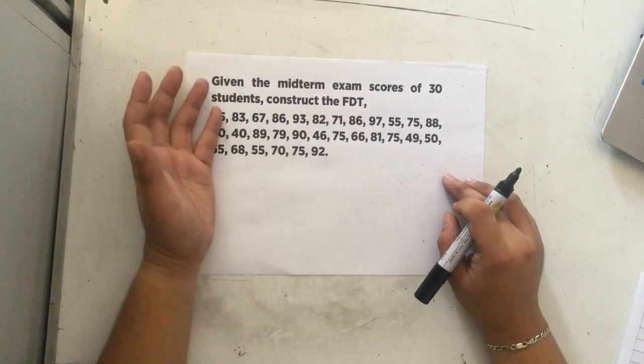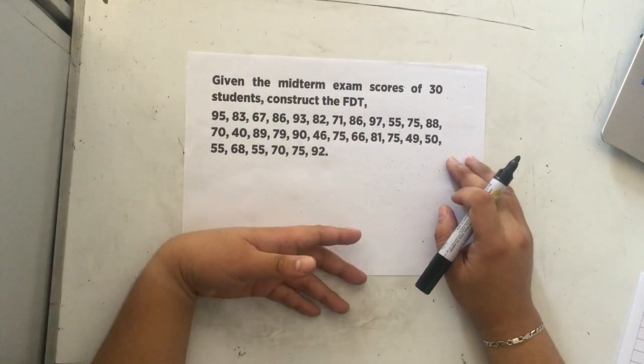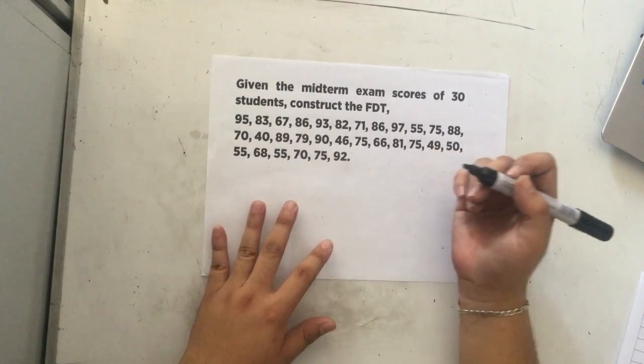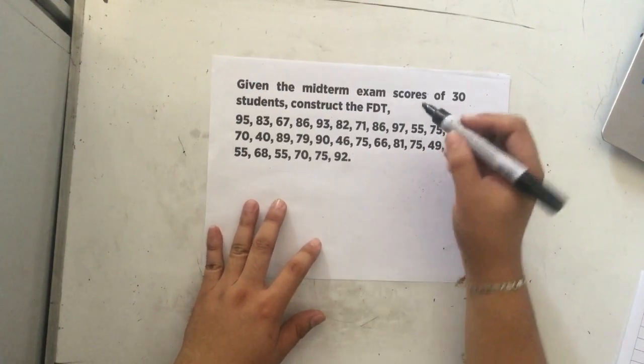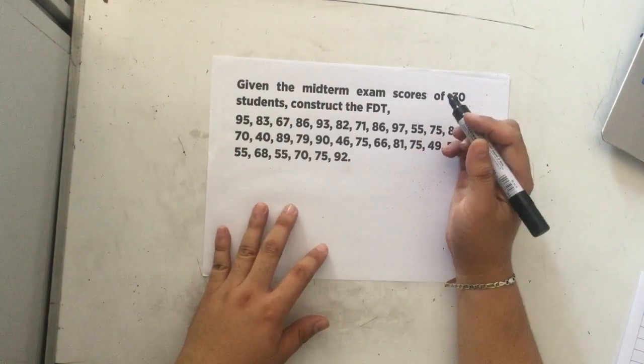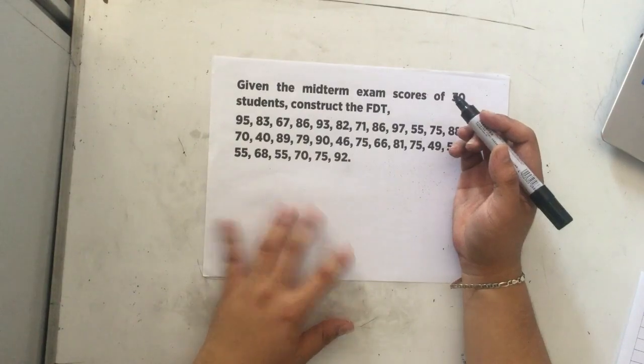It does not matter kung ascending or descending para mas madali din nating i-organize yung frequency distribution table natin. So, kukunin natin muna yung pinakamataas. Ang ginagawa ko, kino-cross out ko yung data para hindi ako malito.